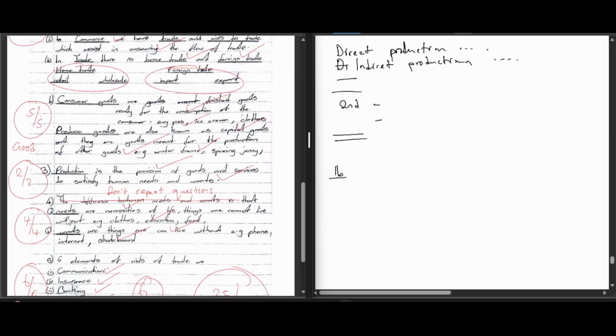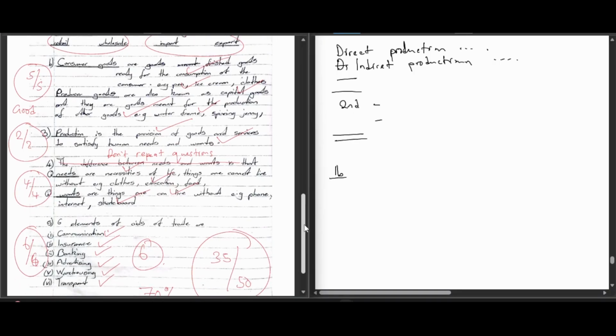You just list down the examples citing the difference. Just say needs are necessities for life, things we cannot live without, for example clothes, education, food. Just like that. Not repeating the question. It is important to note the number of the question, number 4. You shouldn't go wrong there.